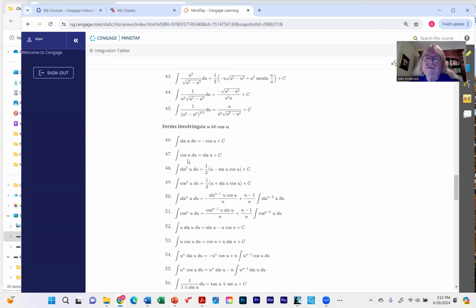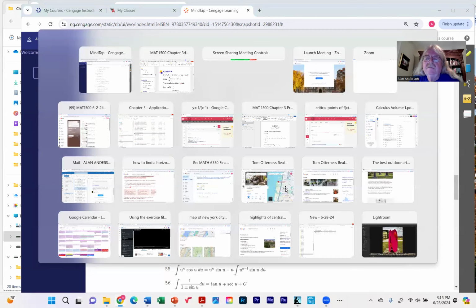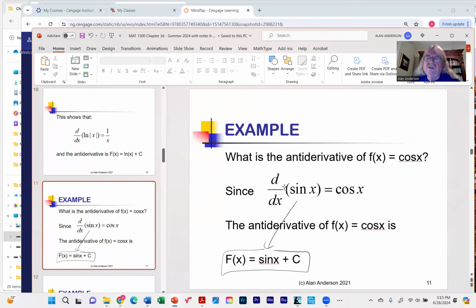So the integral of cosine, which again, you're using this symbol to indicate that you're actually taking an integral, which we'll see in chapter 4, means that when you take the integral, you'll end up with a sine of that same u plus c. Okay, we'll introduce that symbol in chapter 4.